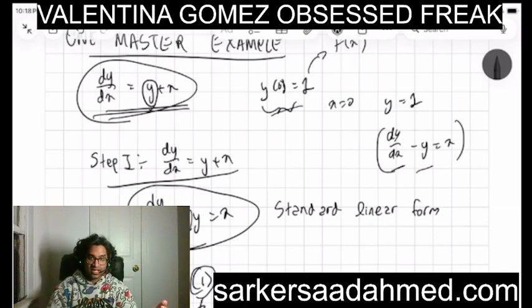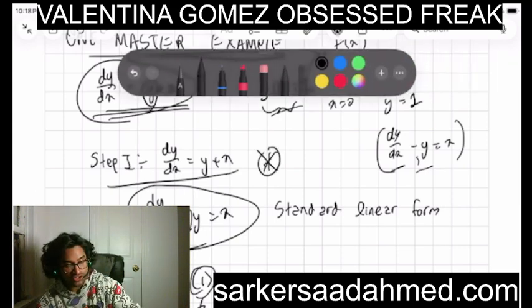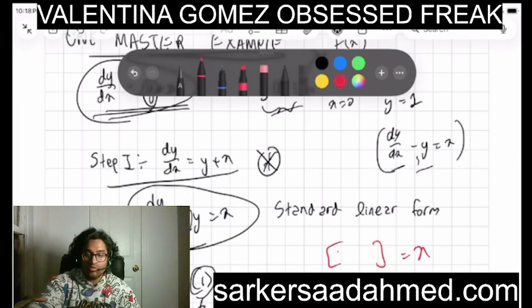You already have an x. It's very easy for you to get an integrating factor. Your main first step is to make sure that something equates to x. So step one, you must make sure that you end up with some equation is equal to x. Always.